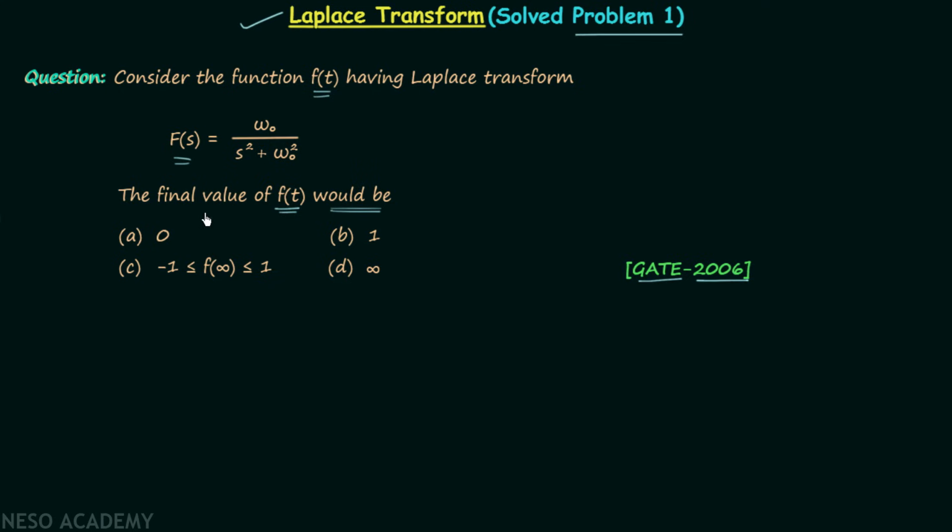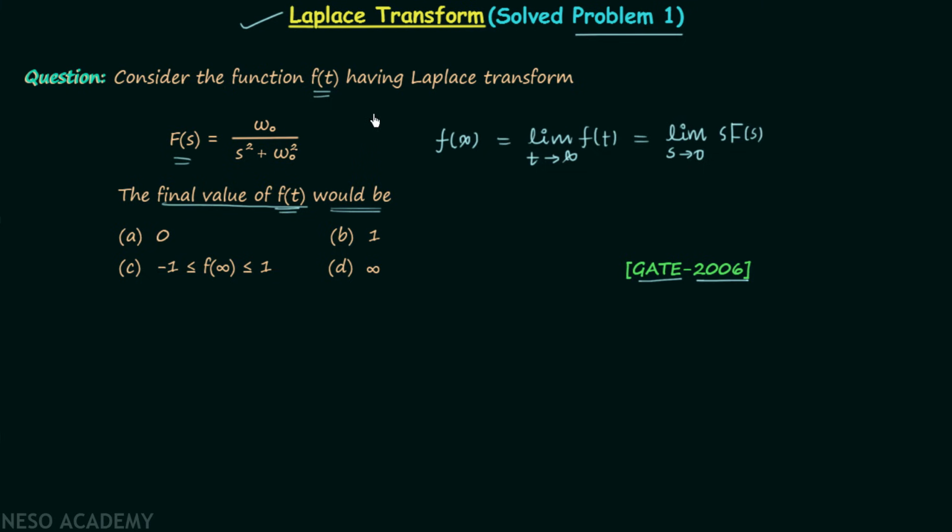Now as soon as we read final value of f(t), we get the idea to use the final value theorem. We have studied the final value theorem and we know the final value of f(t), which is f(infinity), or we can say limit t tending to infinity of time domain signal f(t) is equal to limit s tending to 0 of s multiplied to F(s).